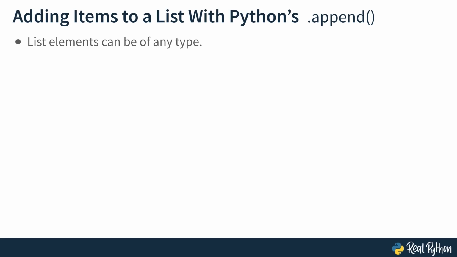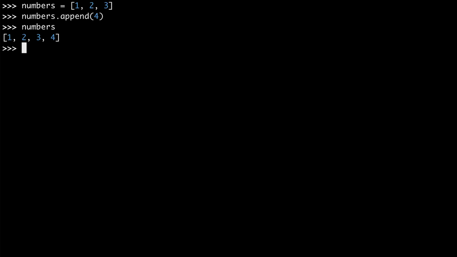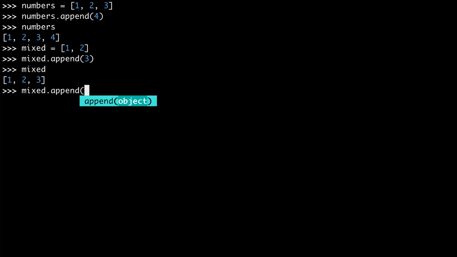In Python, the elements of a list can be any type of object. And append can be used to add any type of object to the end of the list. So you can start with a list of integers, add another integer, then maybe a string, and then a decimal number.